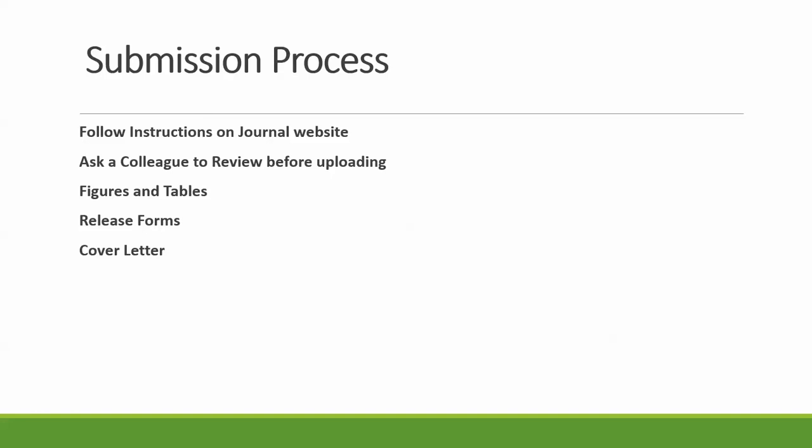Also, things like figures and tables, those are oftentimes uploaded separately. So look at what the instructions are for the journal. Release forms, typically you don't need those, since this is non-experimental, and typically you don't want to include any identifying information about the individual, right? It's okay to say the patient was a 34-year-old female clerical worker who was a recreational runner, but you wouldn't go on to say who lives on Main Street in downtown Portland and has brown hair, right?